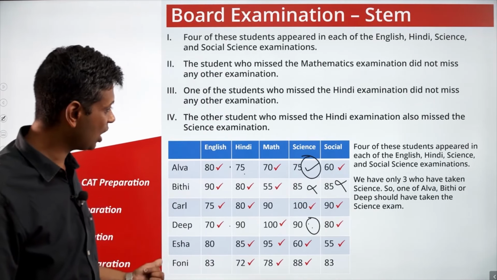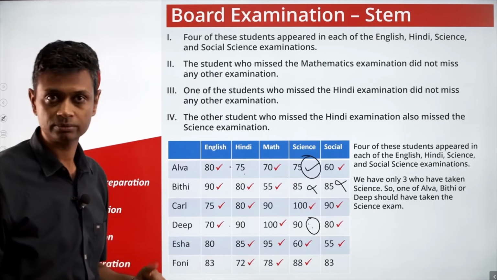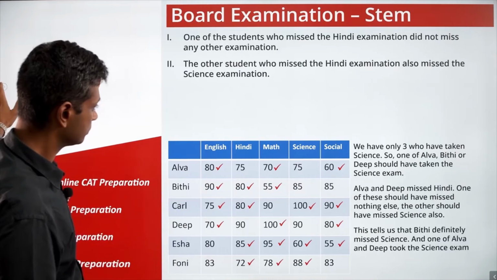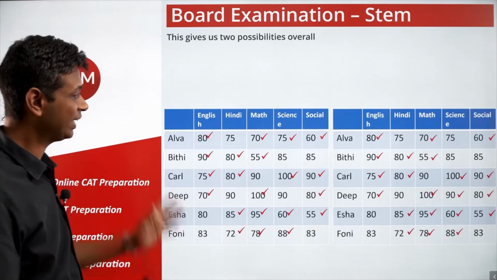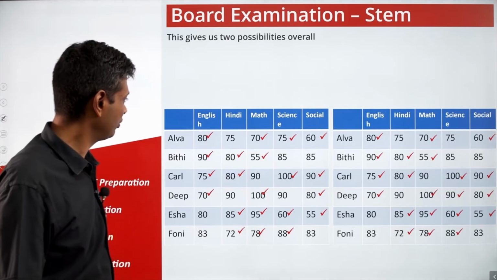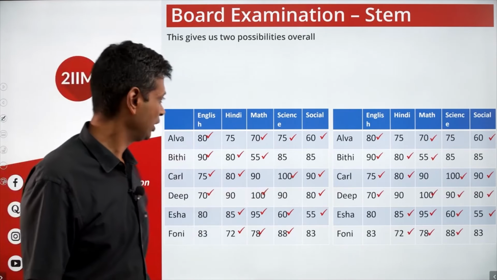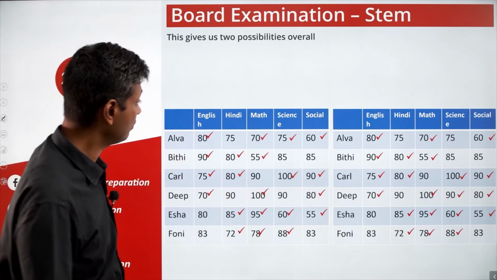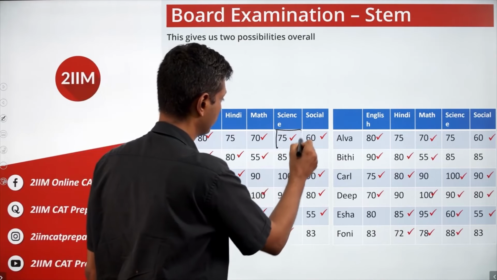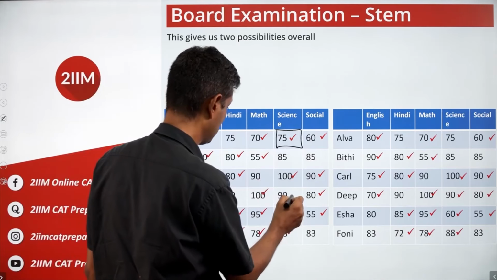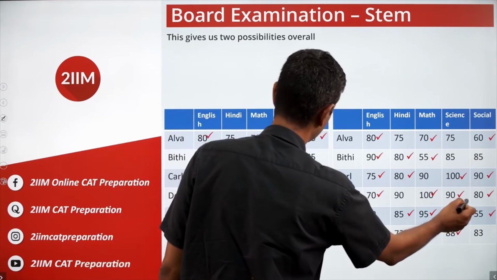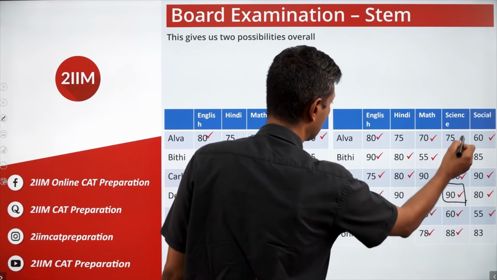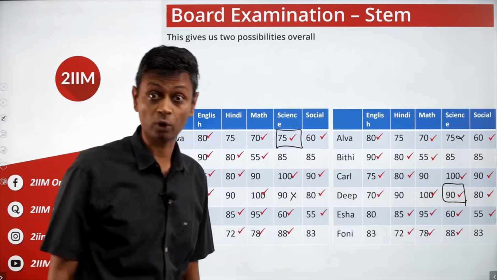So either Alva or Deep could have taken science. Which means after having taken everything into account, we fill everything here. It could either be a scenario where Alva attends the science exam and Deep does not, or Deep attends the science exam and Alva does not. Both of these possibilities exist.